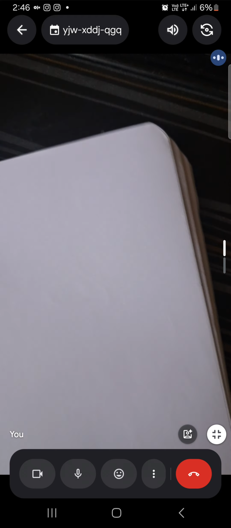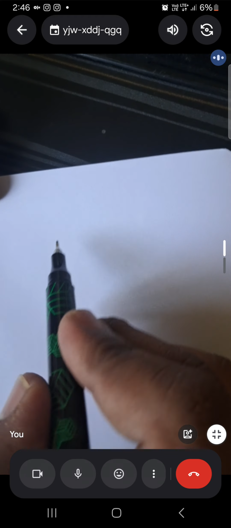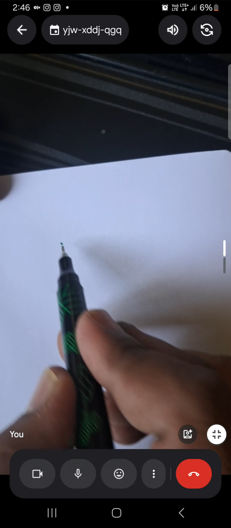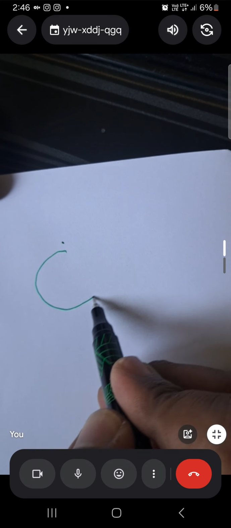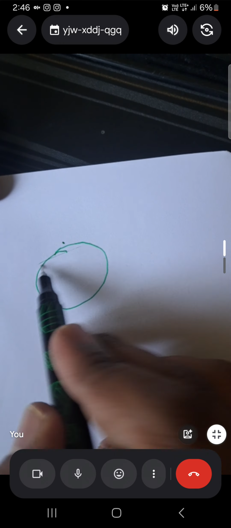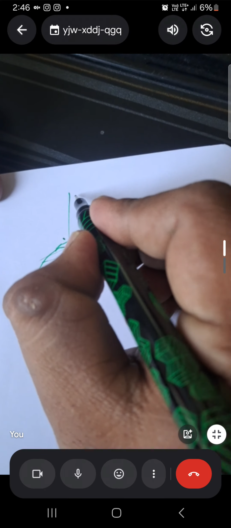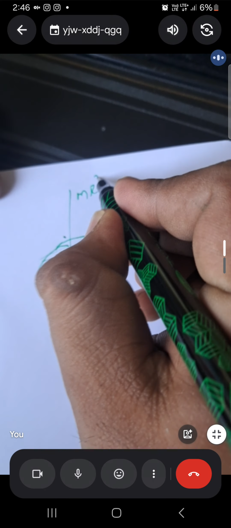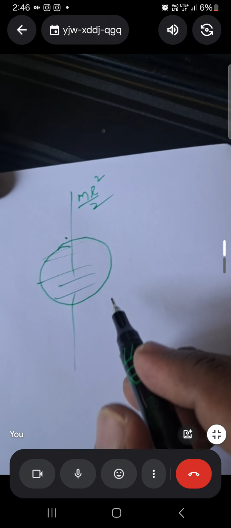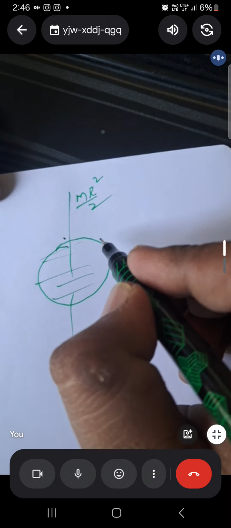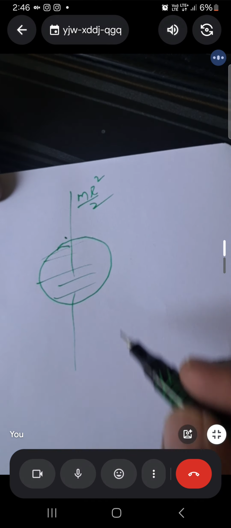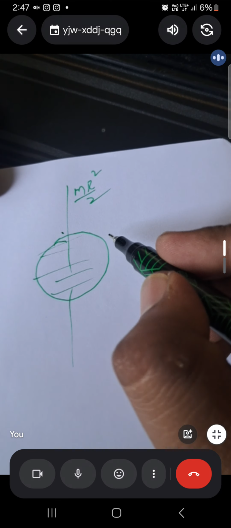Disk, I think we did a mistake for disk. For disk, what is the disk central moment of inertia? M r square by 2. What he's asking about is the tangential axis along the plane.